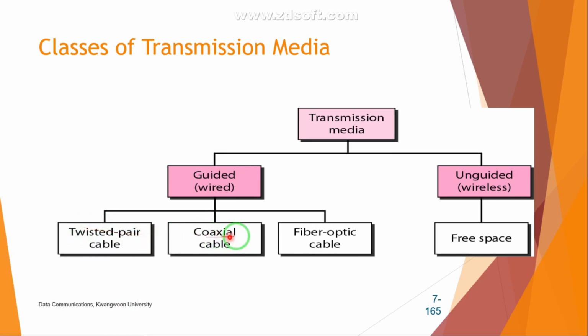The noise immunity of coaxial cable is very good compared to twisted pair cable, and its bandwidth is much greater. But fiber optic is the best. Although its implementation cost is higher, the noise immunity is very high. Noise distortion is almost zero.